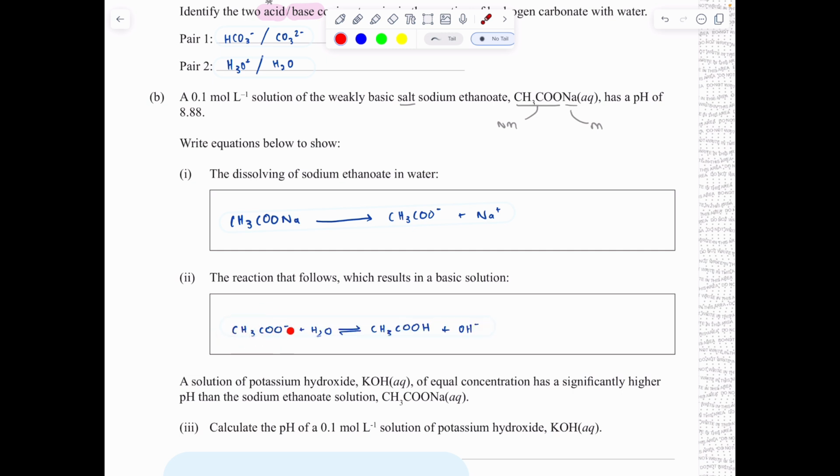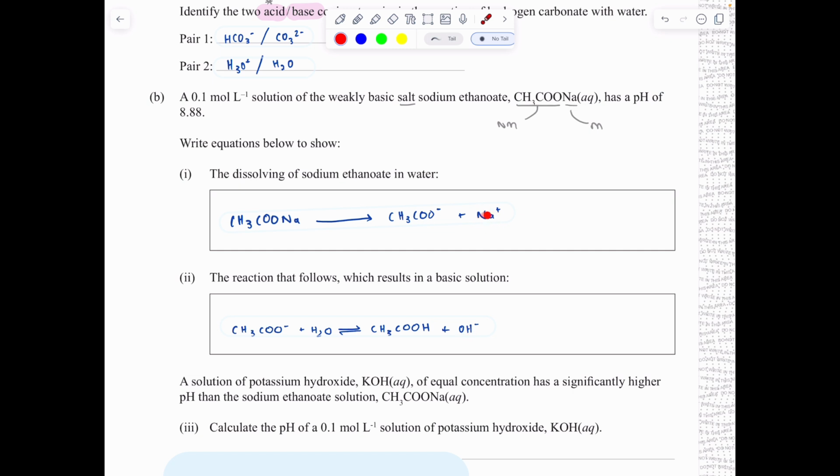So what's happening is it's going to accept a hydrogen from H2O, and that's shown over here. It's accepted that hydrogen from the H2O, and because the H2O has lost that hydrogen, it is going to form OH minus ions. And we know that this is a basic solution because of these OH minus ions formed.